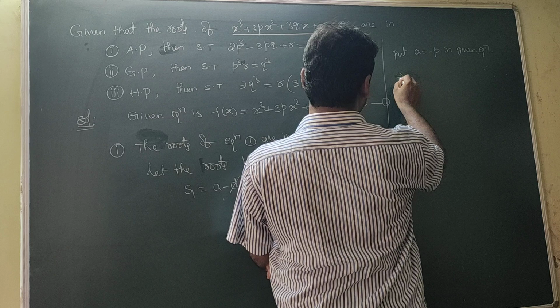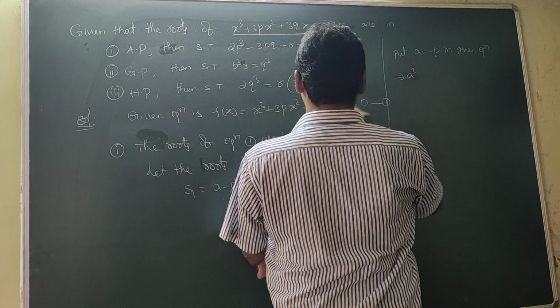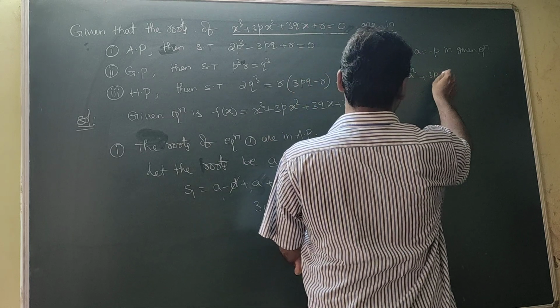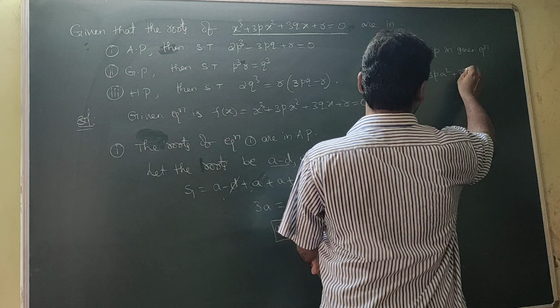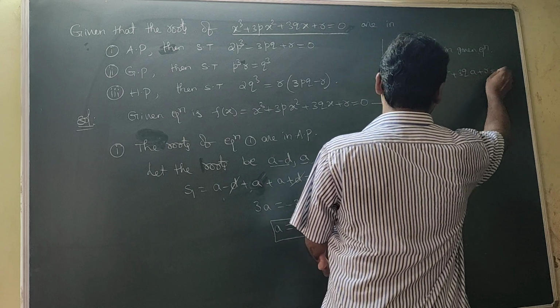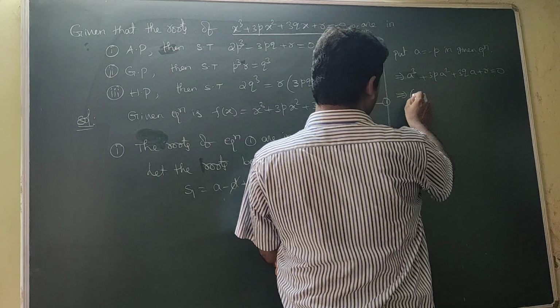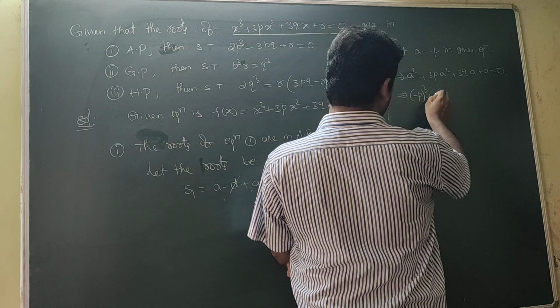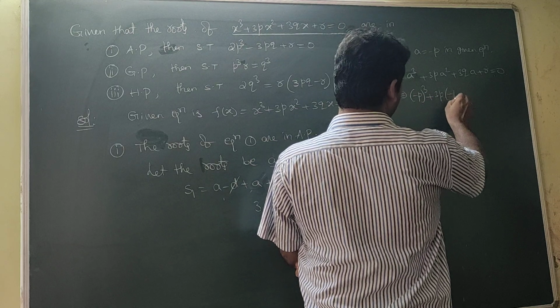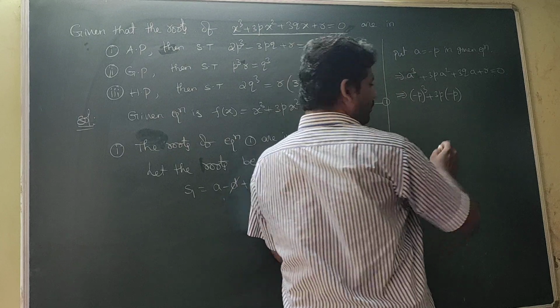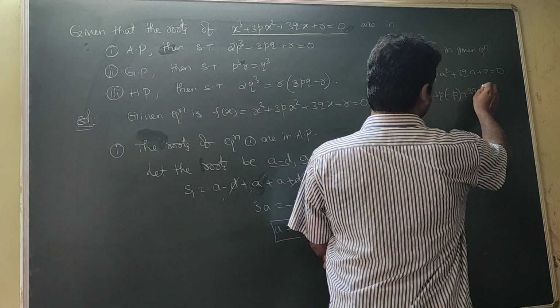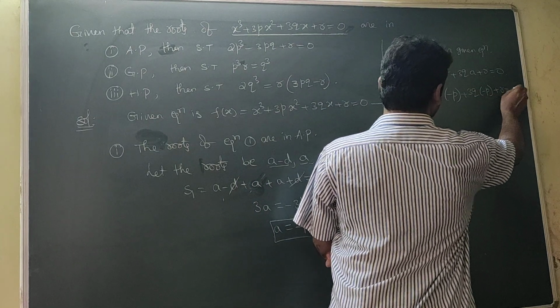What is that replacement? Put a value: a cube plus 3pa square plus 3qa plus r equal to 0. What is the a value? Minus p whole cube plus 3p into minus p whole square plus 3q into minus p plus r equal to 0.